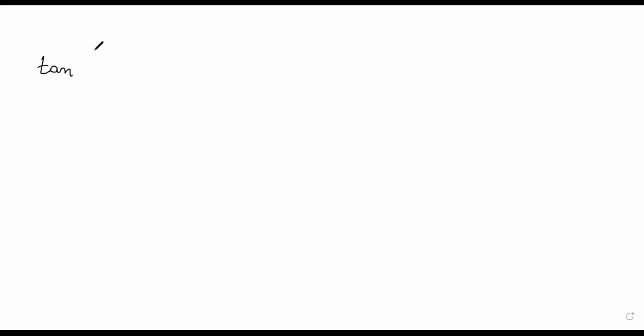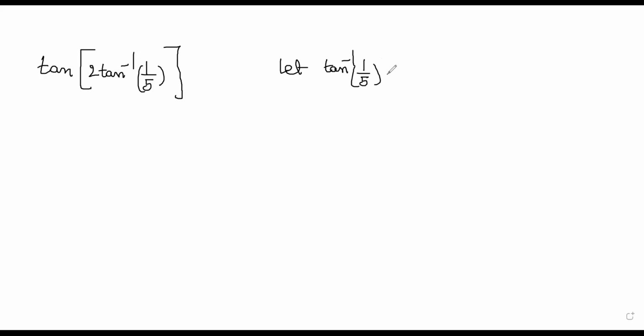Tan of 2 tan inverse 1 by 5 is what we have to solve. Now, this one easily you can solve. See, let it's like this. Many ways we can do. Let tan inverse 1 by 5 be theta.